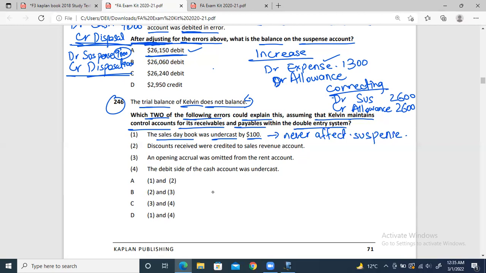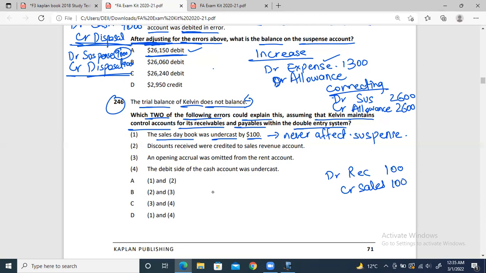If sales is undercast, that means the receivables control account is undercast as well. For correcting this, we simply debit receivable, credit sales. Was there any entry for suspense over here? There was none, right? No entry for suspense.